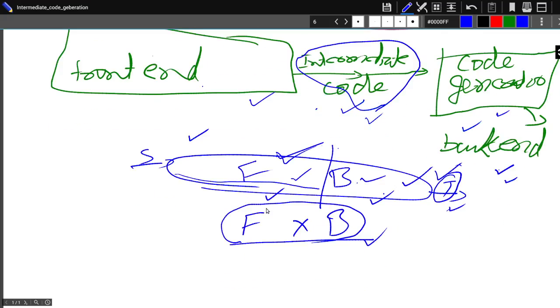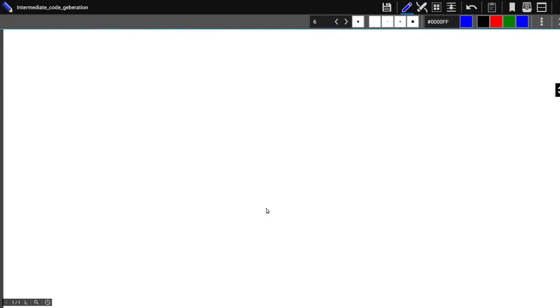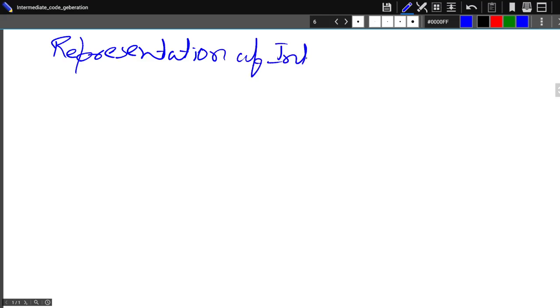So here we have several representations of intermediate code.